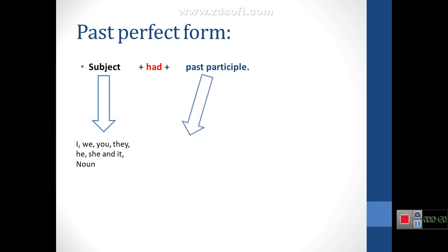For the past participle, I have two types of verb. The first one is regular verb. What do I mean by regular verb? I mean I'm just gonna add ed. Simply ed, or the rules. It means we can change them by rules. I think you all know that. How can we add it?